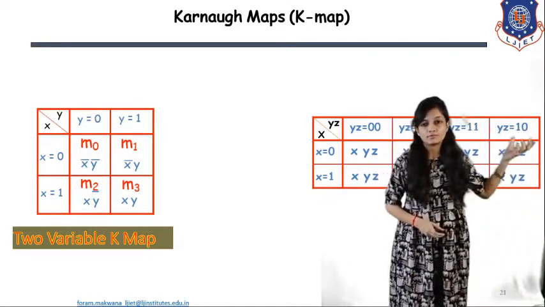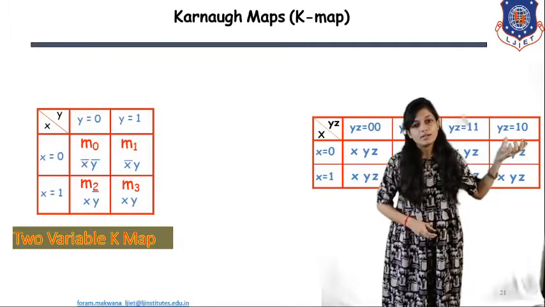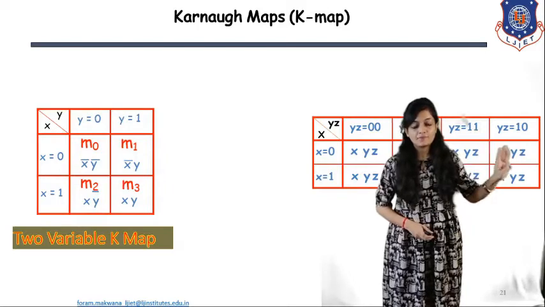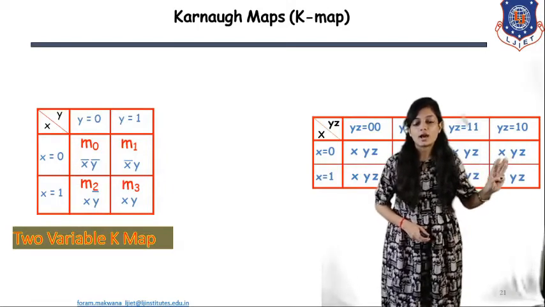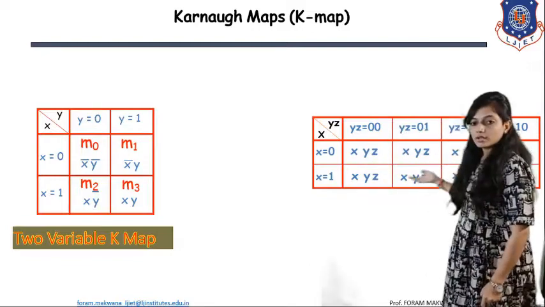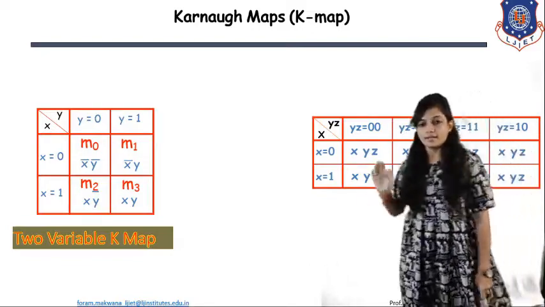Alright, as 2 raised to 3, 3 variables are there, so total boxes are 8. This is 4 and this is 4. So total are 8.